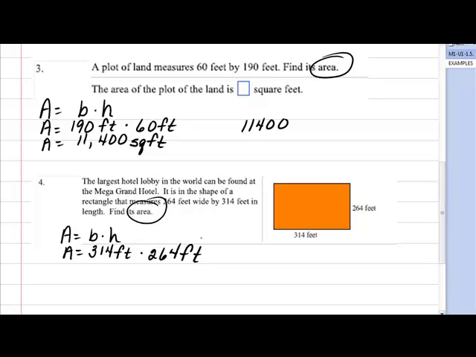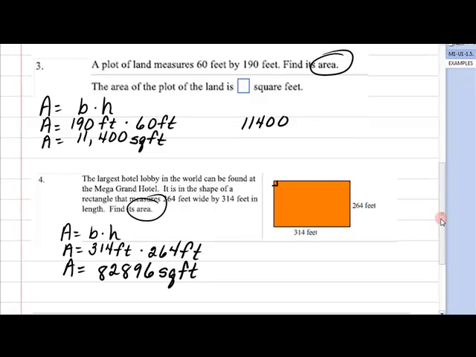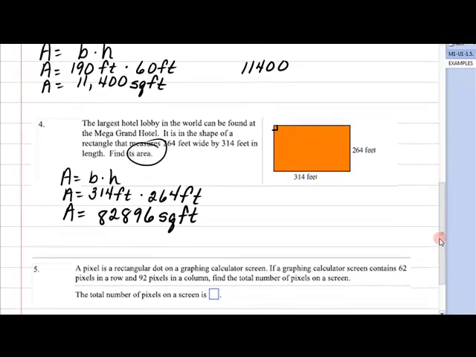Once again, grabbing my calculator, it's very important to have your four-function calculator handy. And I get for the area 82,896. Because it's area, it's feet times feet, which gives me square feet. How many little squares that are 1 foot by 1 foot would it take to cover this? And it's a very large number.